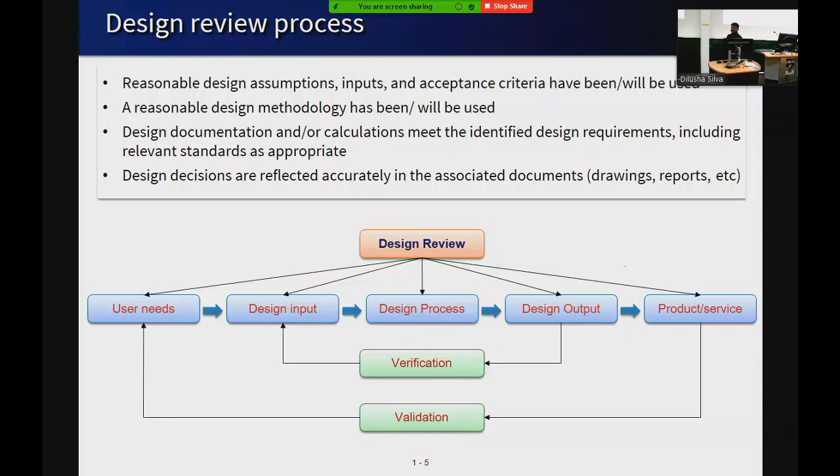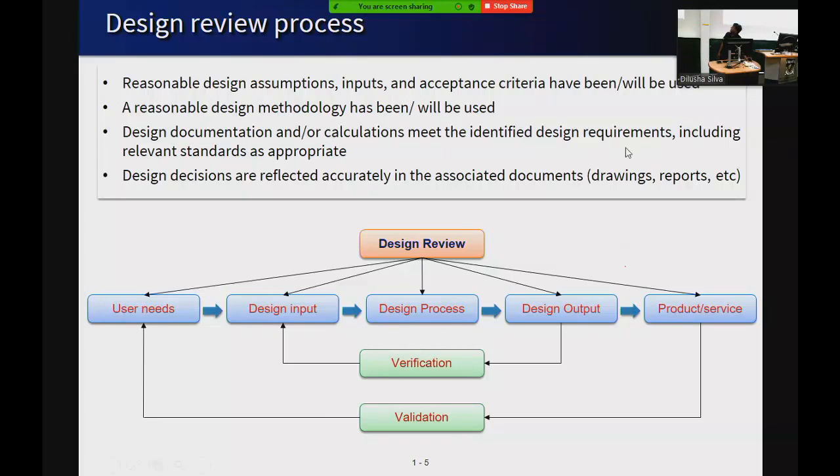That's different to the validation, which is basically looking at the product or service you come up with and saying, do I meet the customer's needs? That's a different one. So, verification and validation, they're tied together, but they're not identical, right? So, just be careful there. Verification is more about process. Validation is, did I get it right in the end?